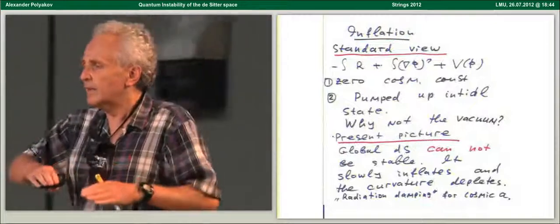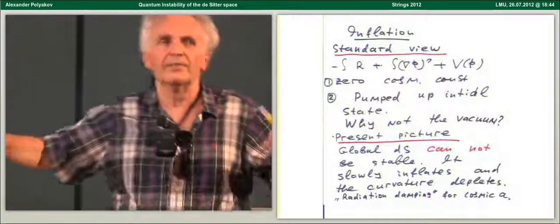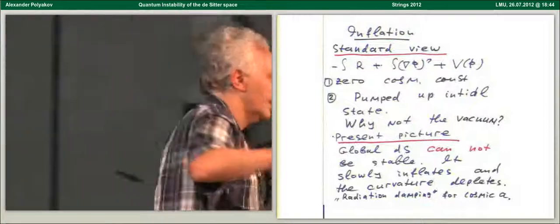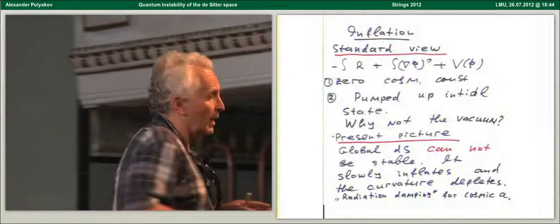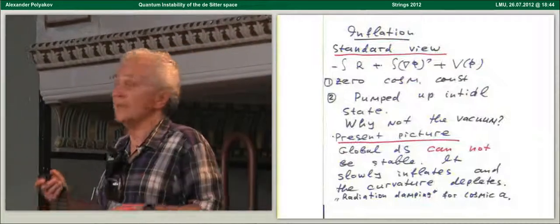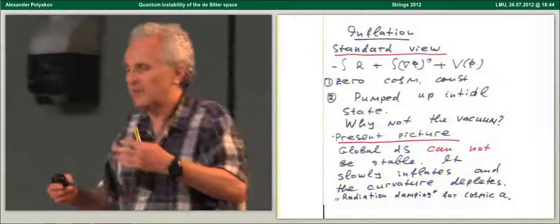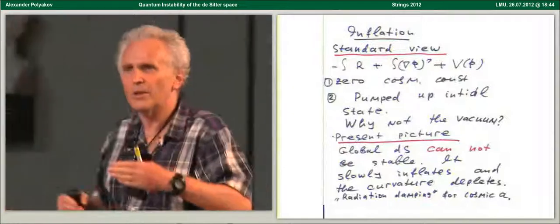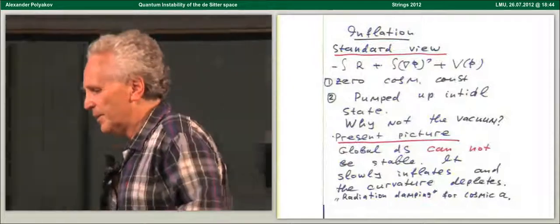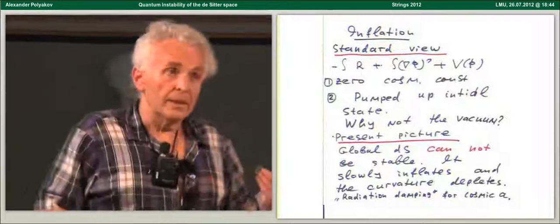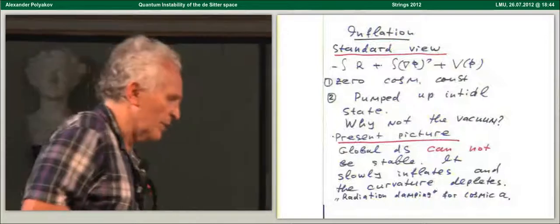There are still, I'm sure, hundreds of undiscovered facts about all these stabilities and instabilities. And this field will, I think, eventually lead to the explanation of why the observed cosmological constant is of the order of the size of the universe to the -2. But it may take some time. It's not that it is around the corner. Thank you.